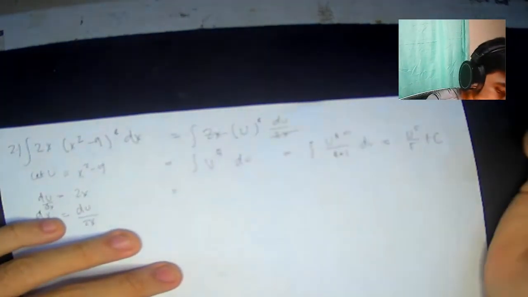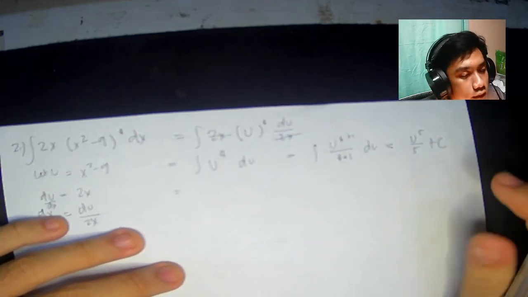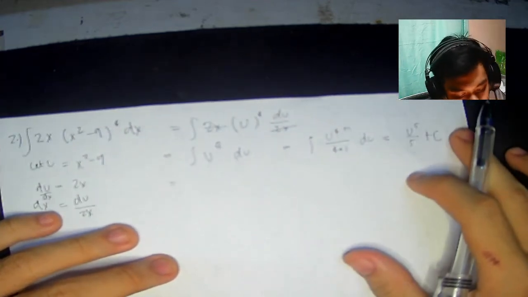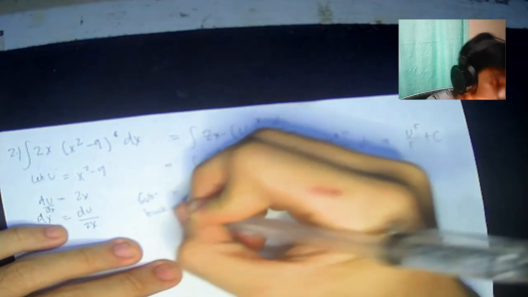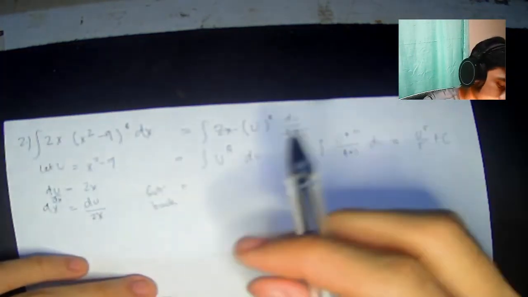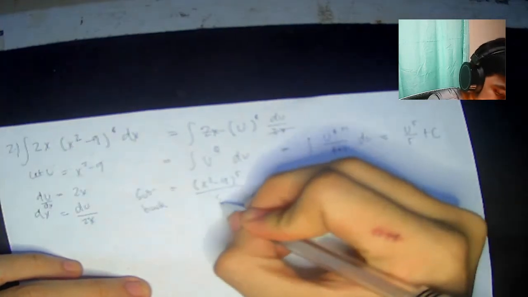So u to the 5 over 5 is not our final answer yet. So we'll have our substitution back. Substitute back the u. So u will be equal to (x squared minus 9) to the 5th power over 5 plus c.